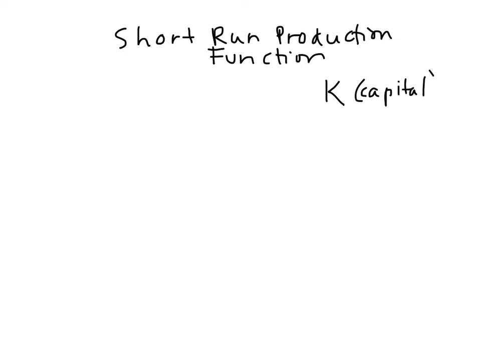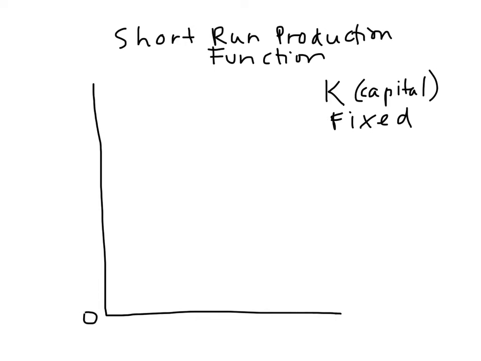And K usually stands for capital in economics. So we're going to leave capital fixed. And what we're going to vary, we're going to have a graph here where what's going to vary on the x-axis is going to be the variable input, which in this case is going to be labor. So we're only going to be looking at capital and labor as our inputs, and we're going to ignore anything from land and anything from entrepreneurship.